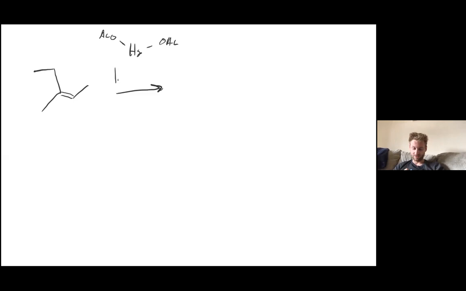This had the ability to attack, kick out one of these acetates. And then from here, our mercury is going to cyclize to make a 3-membered ring.